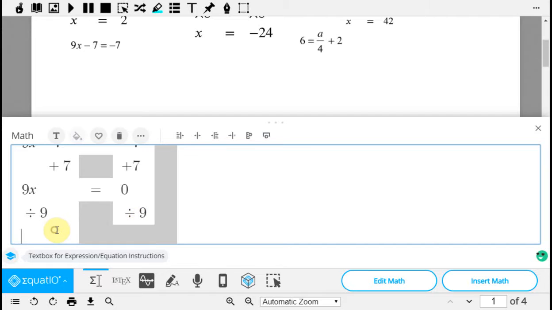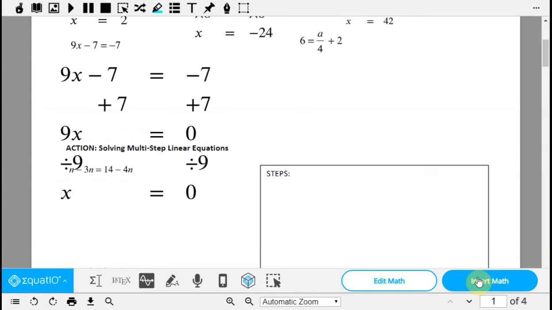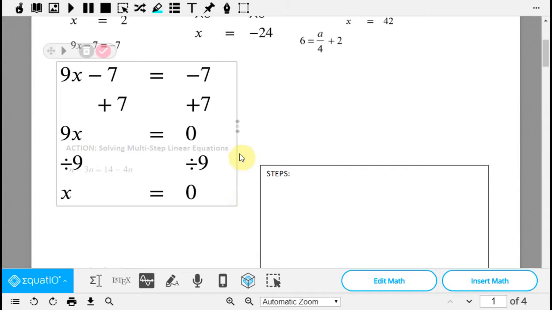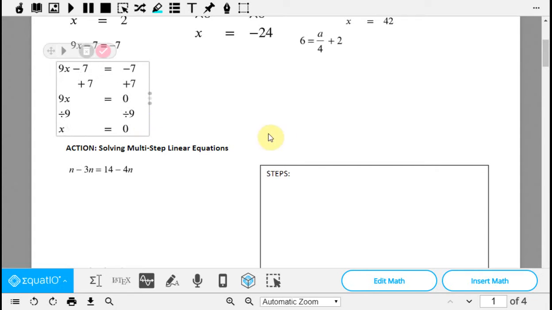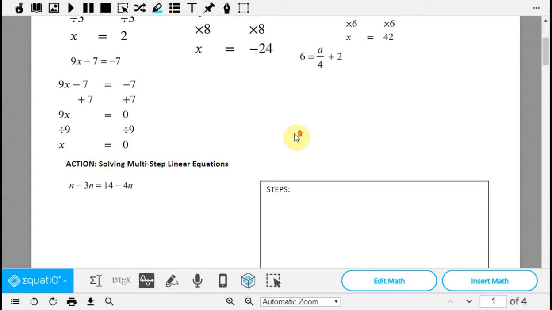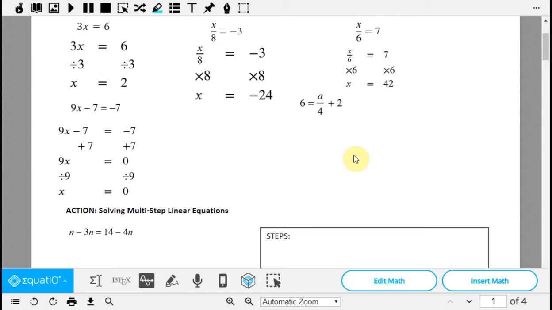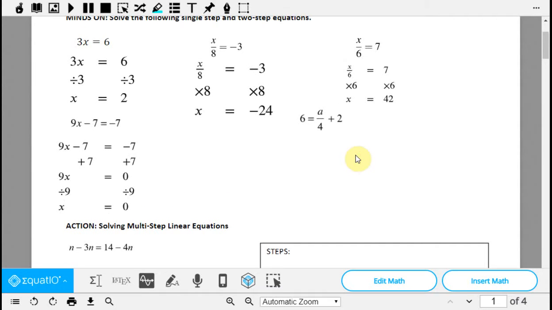So we're left with 1x is equal to 0 divided by 9 ends up being 0. I'm just going to resize those a little bit.